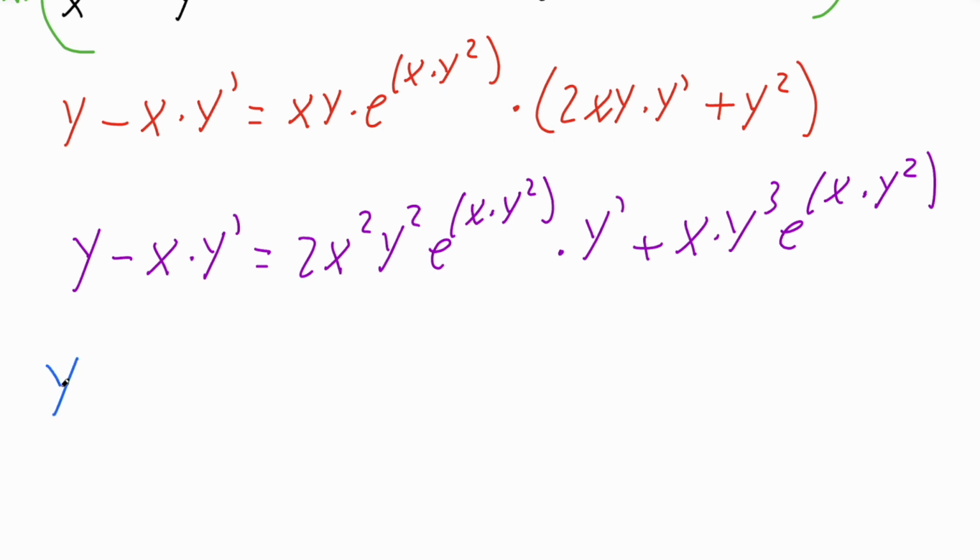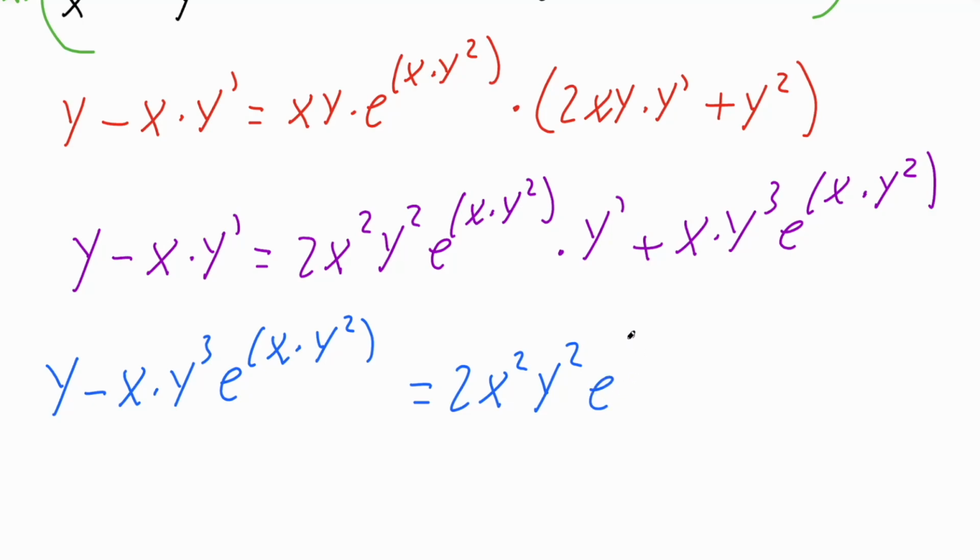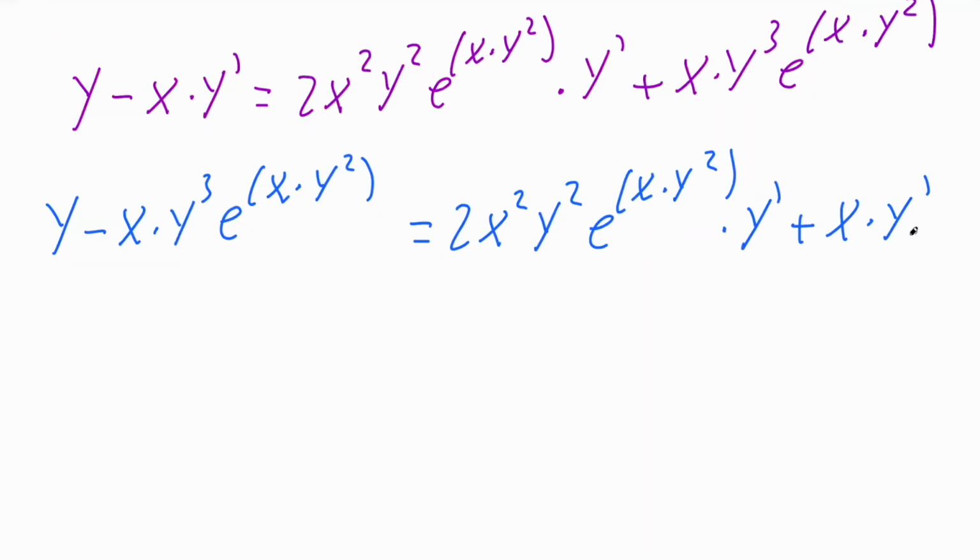So we're going to get y, minus x times y cubed times e raised to x times y squared, close it, is equal to this stuff right here: 2x squared y squared e raised to x times y squared, close it, times y prime, and then we're going to add this piece, plus x times y prime. And because they both have y prime, we get to factor it out.